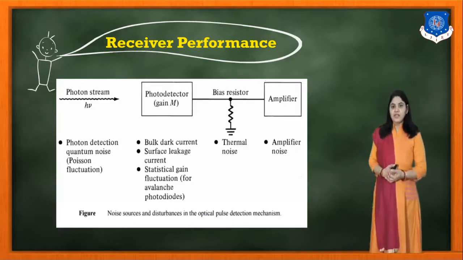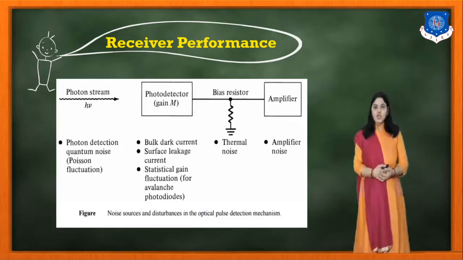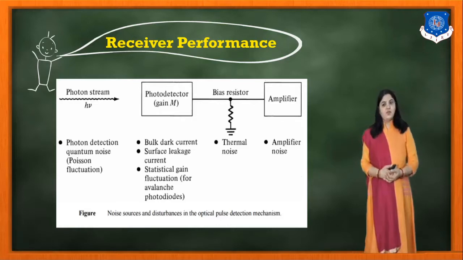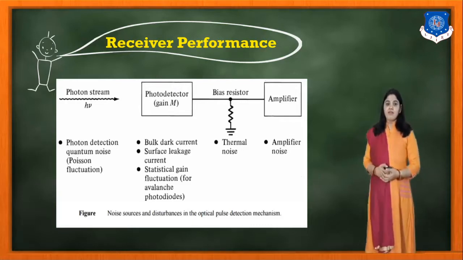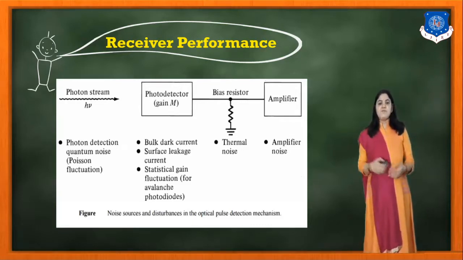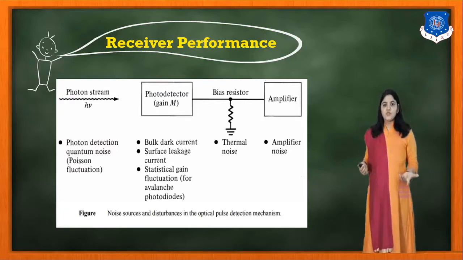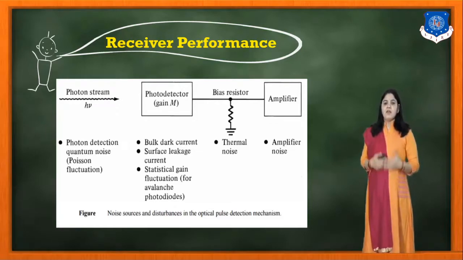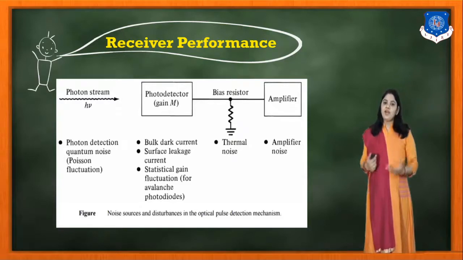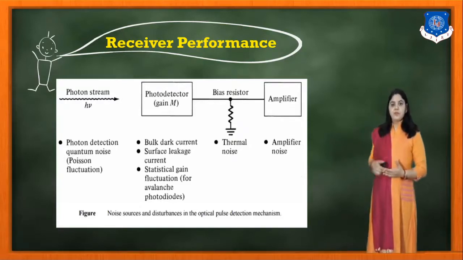What is the photodetector? When light falls onto that mechanism, it converts the light pulses into electrical pulses. This photodetector has the gain M. It contributes the bulk dark current and the surface leakage current. Then there is the statistical gain fluctuation for the avalanche photodiode.